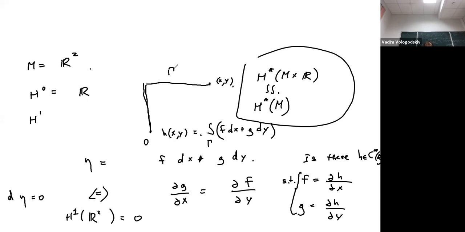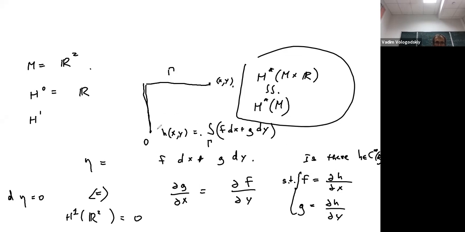Well, there is something to prove here. You need to verify that the partial derivatives of h with respect to x and y indeed satisfy this property here. It is easier for one partial derivative, namely the derivative with respect to x, but it's not easy for the second derivative with respect to y.